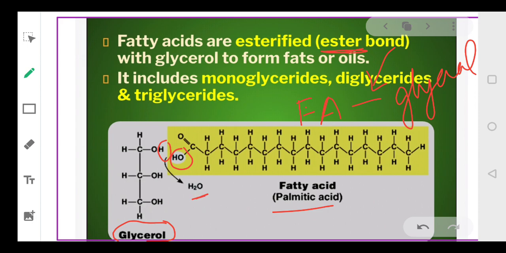So in a nutshell we can say water will be removed, and after removal of the water, this O part will join with the carbon part, and thus it will result in the formation of the bond which is called the ester bond. And because of the formation of the ester bond, it would result in the formation of monoglycerides, diglycerides and triglycerides. Now let's understand what these bigger words mean: monoglyceride, diglyceride, triglyceride.